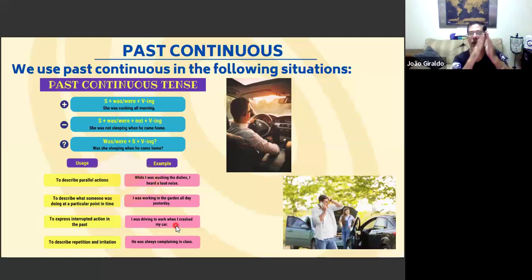First action, I was driving my car. 10 minutes, 15 minutes, not important. During this action of driving my car, I crashed my car. So I am talking about an action in the past. That is the reason we use past simple to complete.